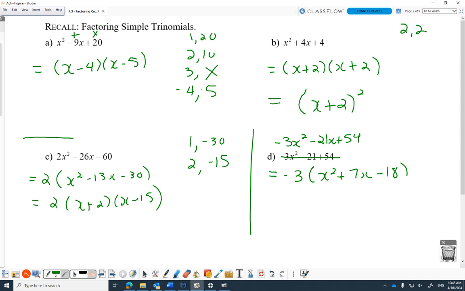And then this: 2 numbers that multiply to -18 but add to 7. 9 and 2. So again, I did this one a little faster. If you just know the numbers, it happens quickly. Great. Okay, any questions there?